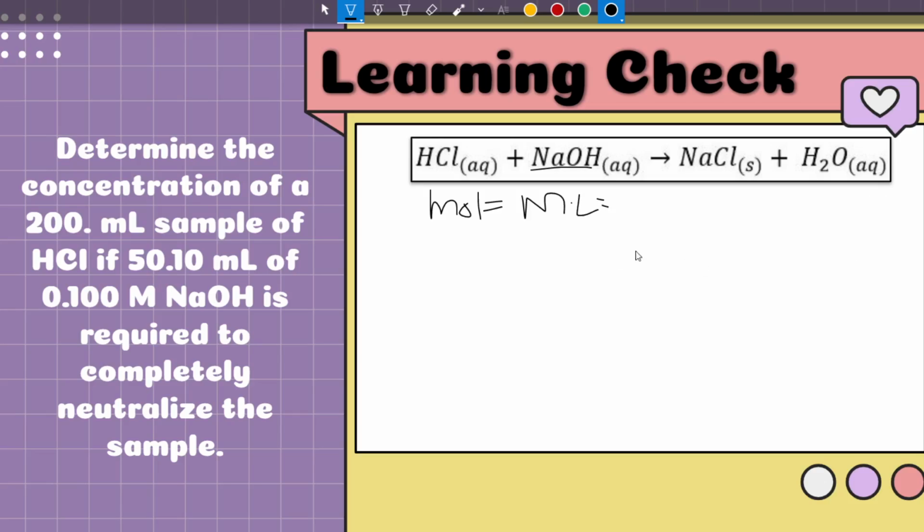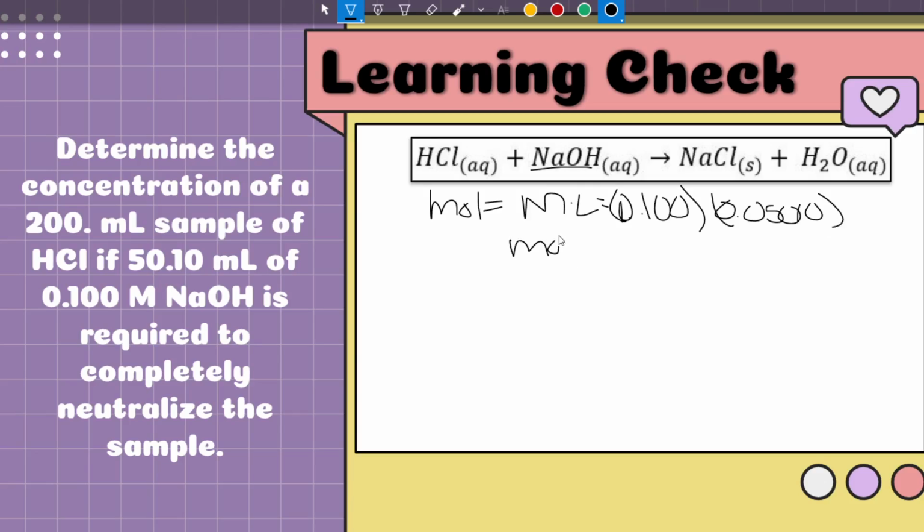And so we have our 0.100, and we're going to multiply that by, we have to convert this, so it'd be 0.05010.